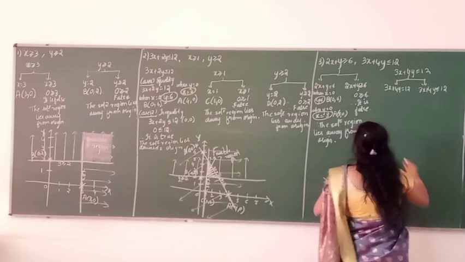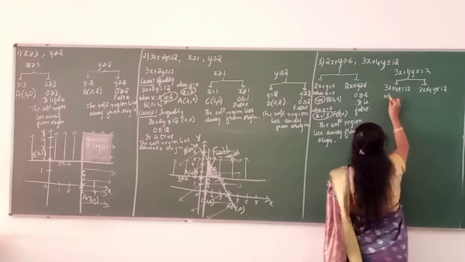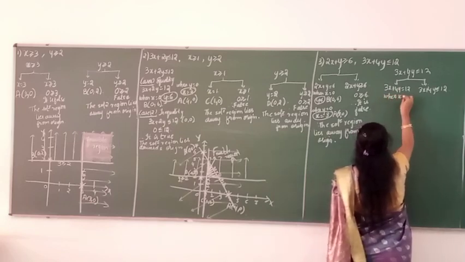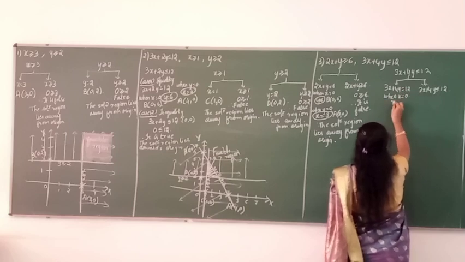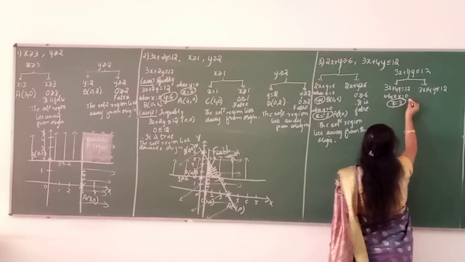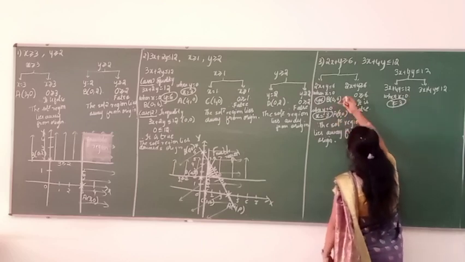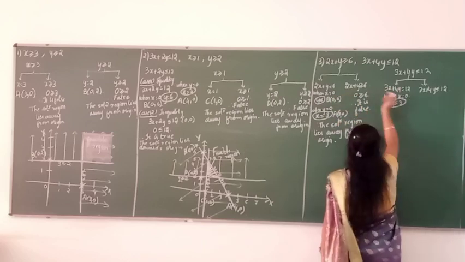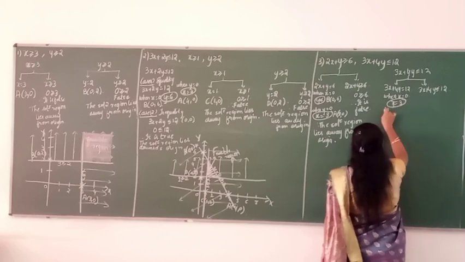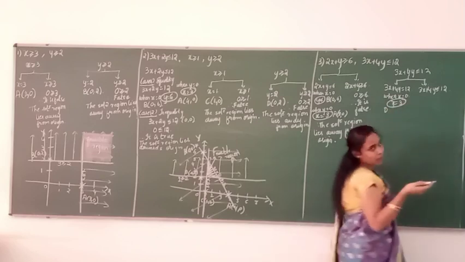And the next inequality, when x is equal to 0, so y coordinate what are you getting? 4 3s are 12. So which is nothing but, already we have considered here A, B, so I will be considering this as D. Why D? Is because it is nothing but the y coordinate.